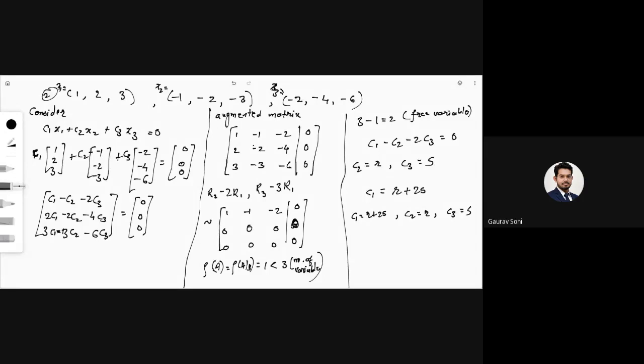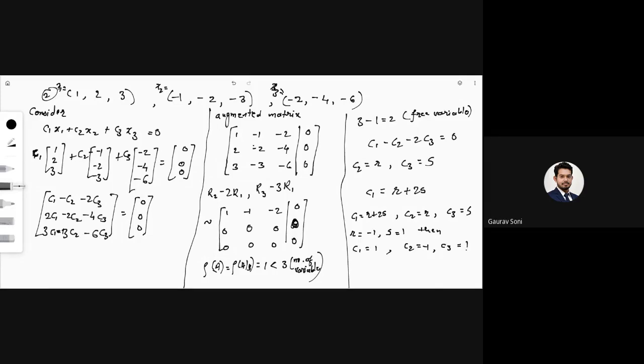Like you're putting R as say minus 1, S is equal to 1. Then what do we get? C1 is equal to minus 1 plus 2, 1. C2 is equal to minus 1. And C3 is equal to 1.